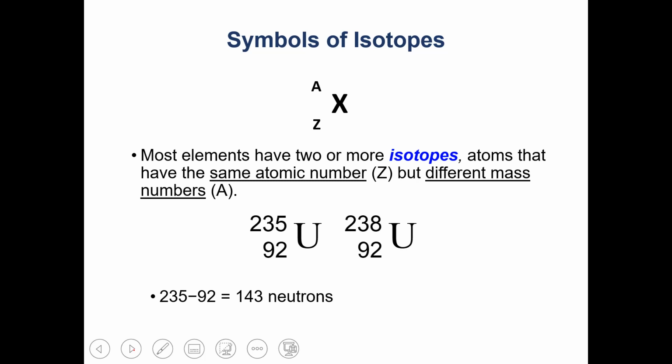So for uranium-235, if we take the 235 minus 92, we get 143 neutrons. For uranium-238, if we take the 238, which is our mass number, and subtract 92 protons from that, we get 146 for the number of neutrons that we must have in that isotope.